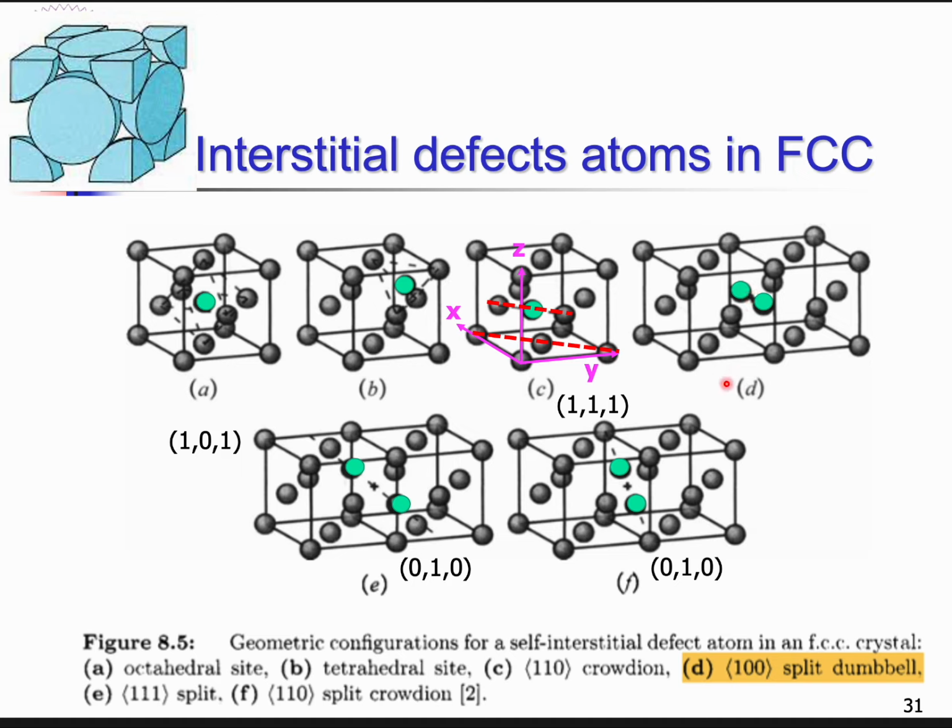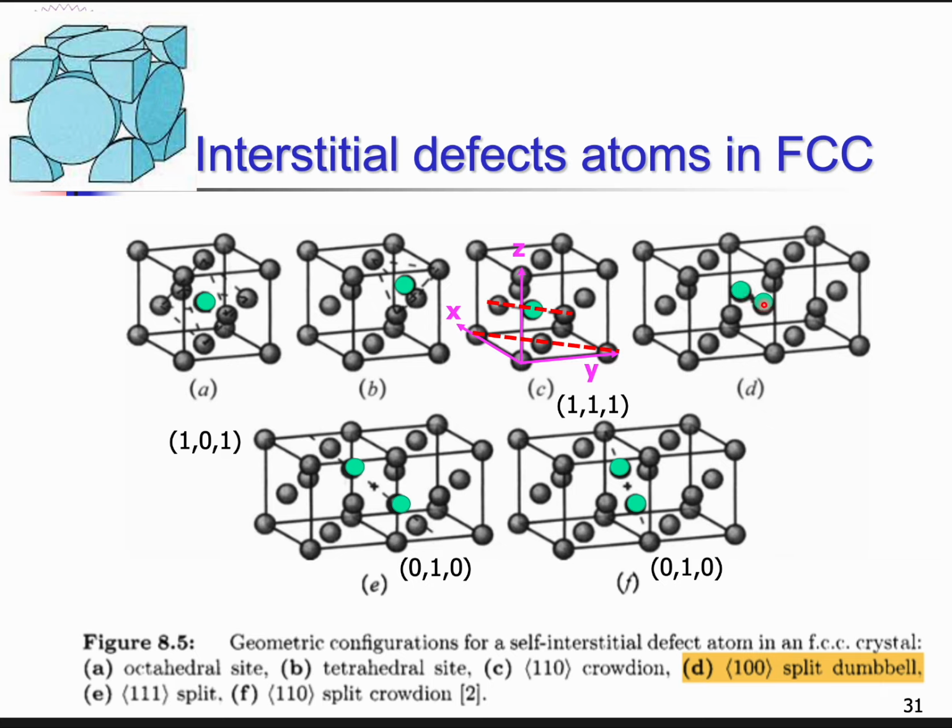Okay, so for the D, we call it a 100 split dumbbell. 100 means, so there was a lattice point here, right? And there are 2 atoms co-occupying this lattice point.